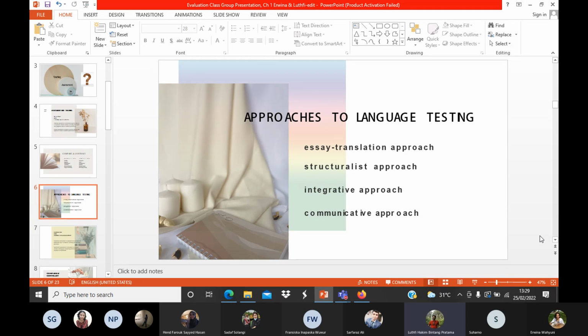So the second is the structural approach. The structural approach is characterized by the view that language learning is chiefly concerned with the systematic acquisition of a set of habits.